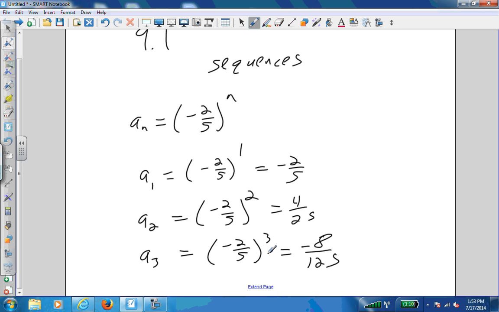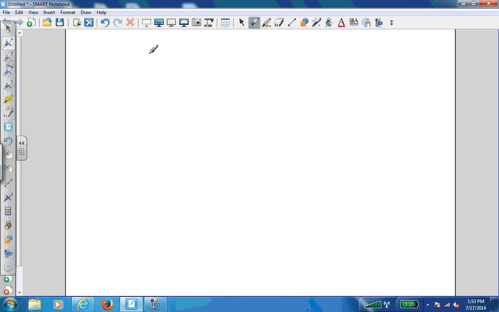This is one way to describe a sequence, but we can also describe sequences what's called recursively. We can denote the first item in the sequence, and then we can say, well, each following item is, for example, 1/3 the previous one squared.